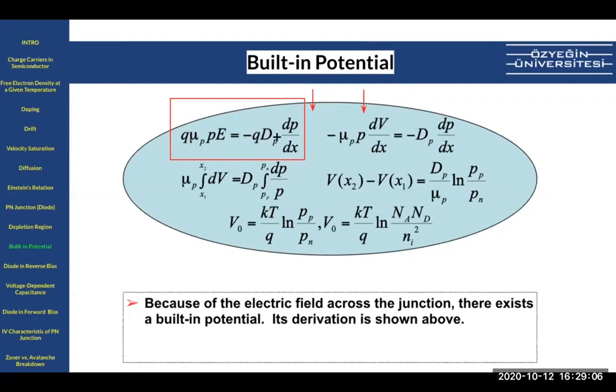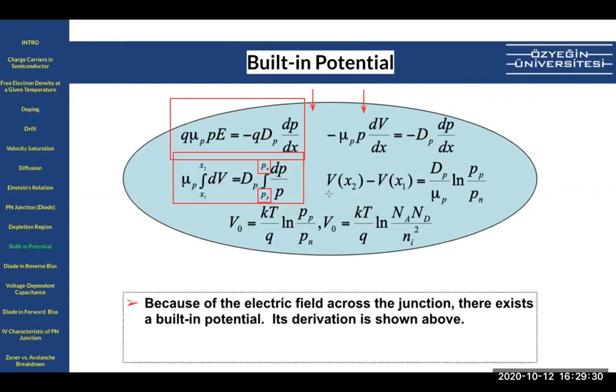Then we multiply both sides by dx, and we get this equation. Then we take the integration of it from location x2 to location x1, which means the holes at x2 and the holes at x1.